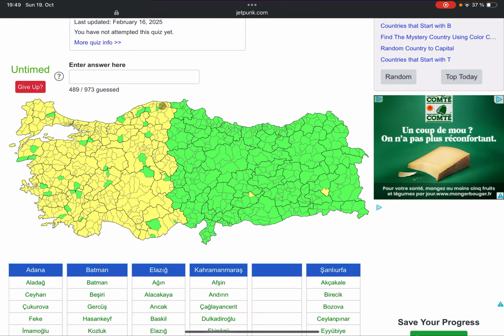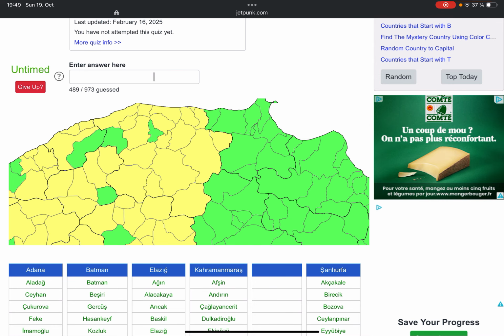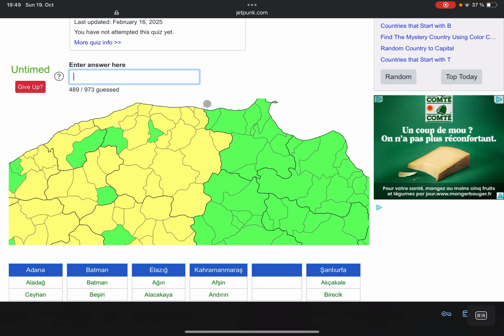All right, let's just pass right over to Kastamonu province, and this is where I said before that we have, what did I say in relation to Kastamonu? Ah, yeah, Doğan Yurt.